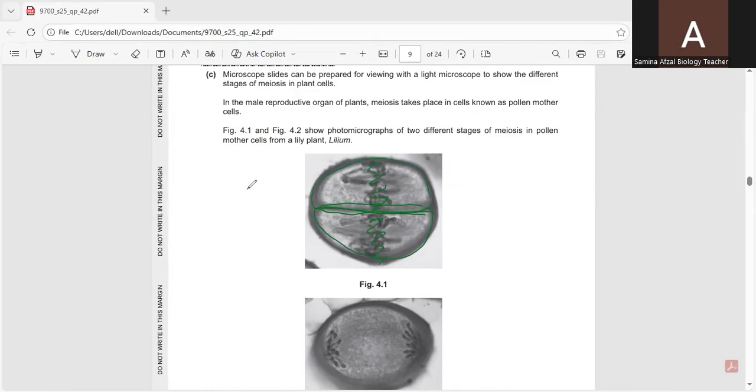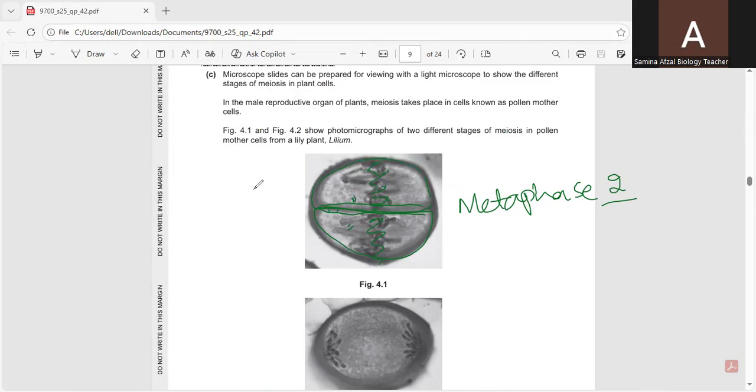So it means it is metaphase, because during metaphase the chromosomes are at the equator in the center of the cell. Here you can clearly see two cells, and in both the chromosomes are in the center. So this is metaphase 2.